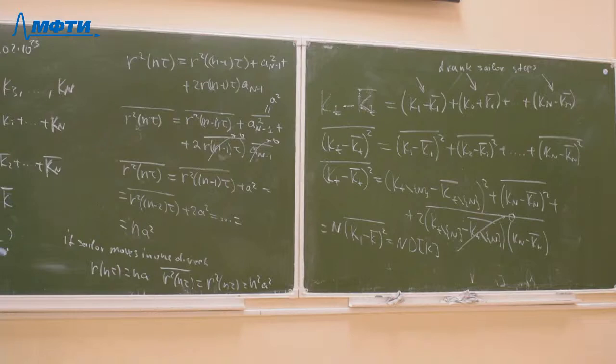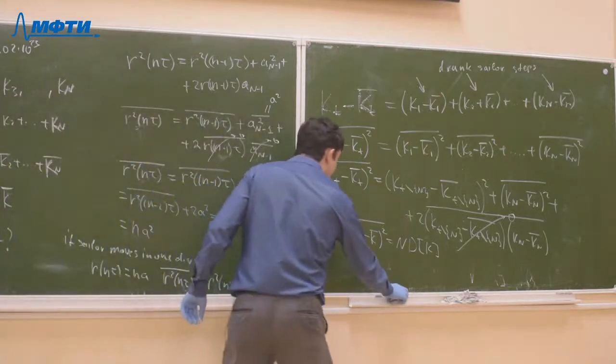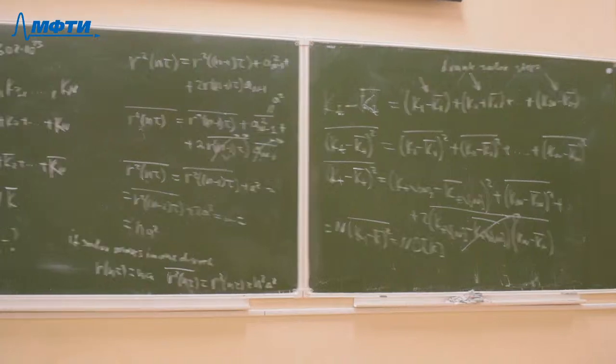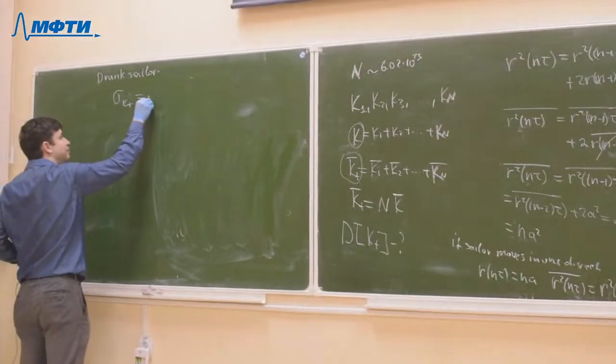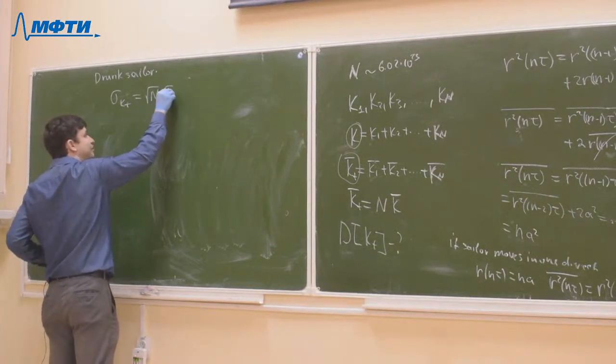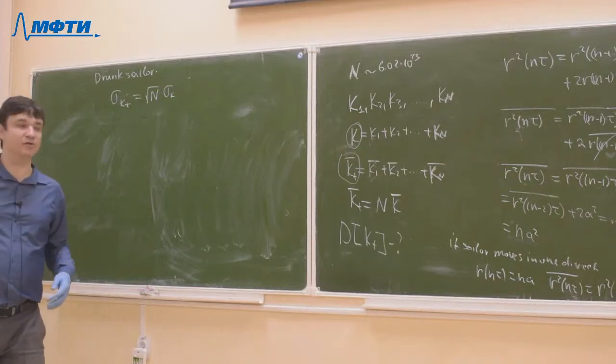If we look at the standard deviation of the kinetic energy, the standard deviation of total kinetic energy, then we can write that this is the square root of n multiplied by the standard deviation of the kinetic energy of one particle.